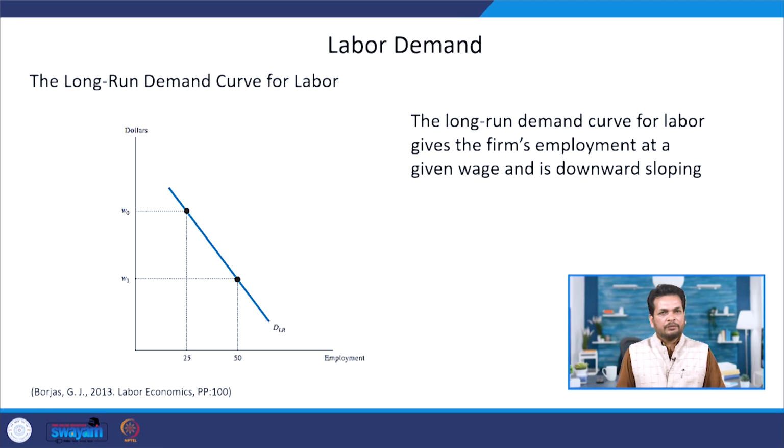So, if you draw the relationship between the decline in the wage and the amount of employment which happens in the long run, you will find that now a decline in the wage has increased the employment from 25 to 50. So, the long run demand curve for a farm is always downward sloping.